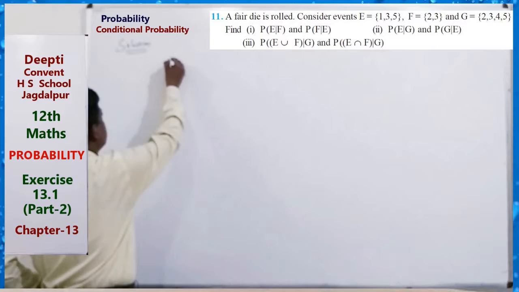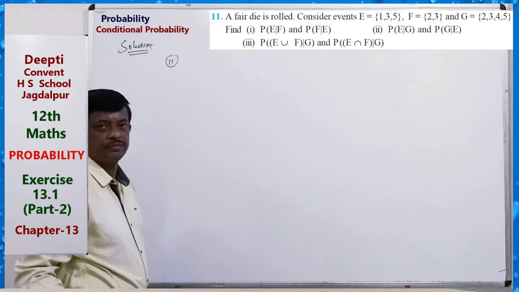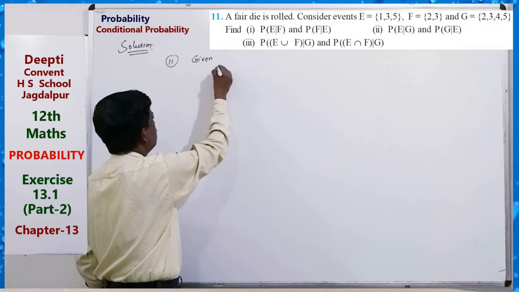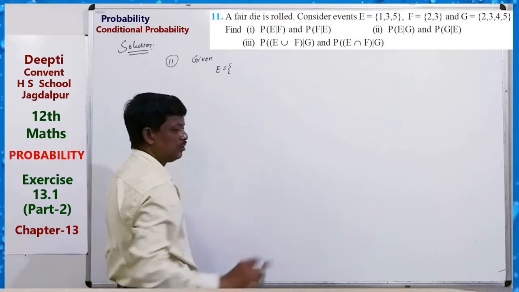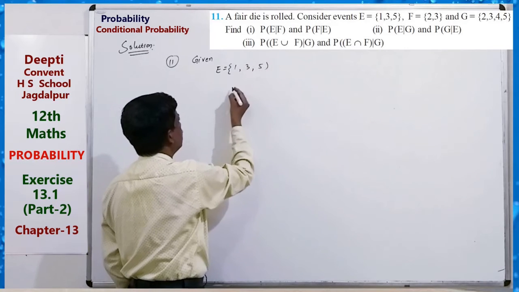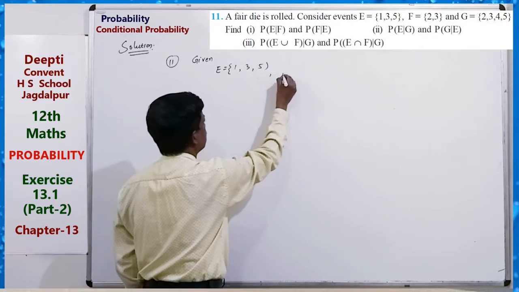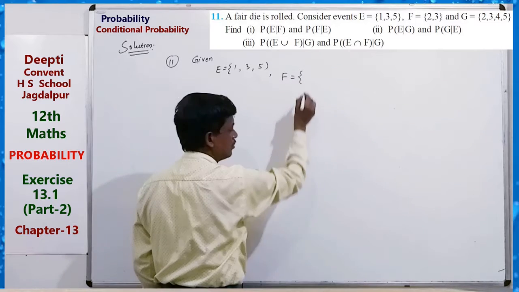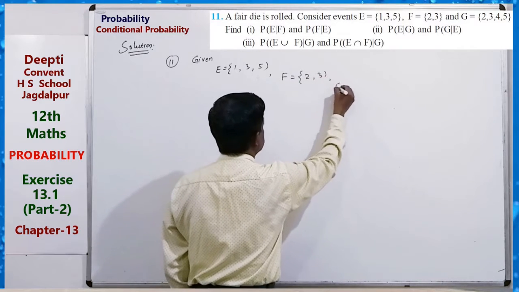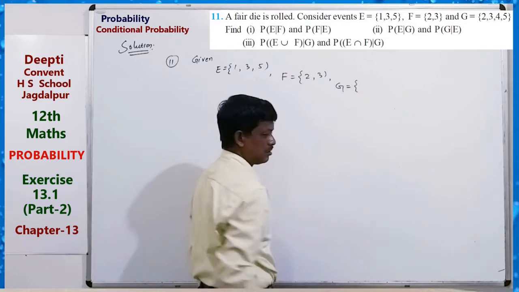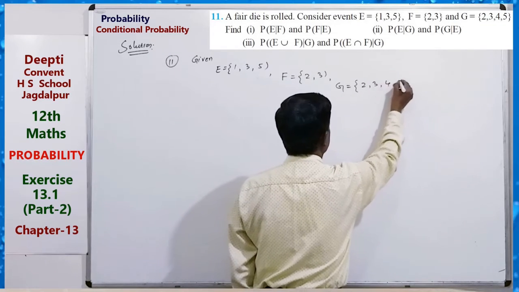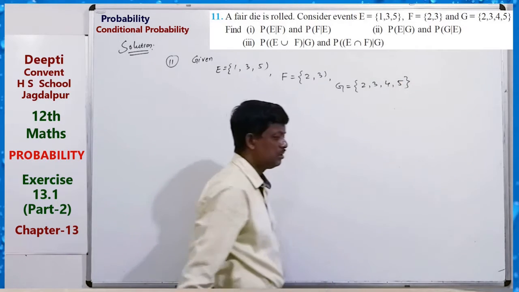In question 11, the given events: E is 1, 3, 5; F is 2, 3; and G is 2, 3, 4, 5.